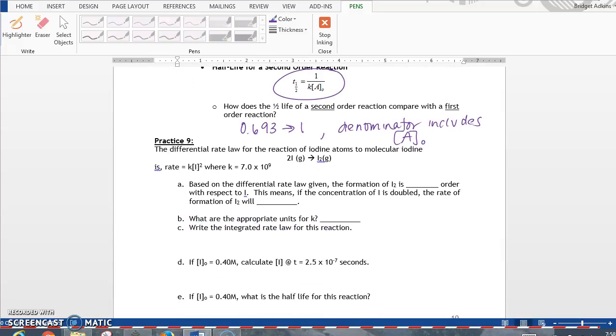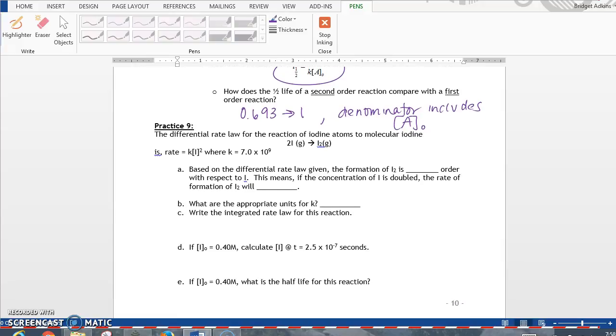And we do have things other than first order. All right, so if we go into practice 9, it says the differential rate law for the reaction of iodine atoms to molecular iodine is given. The rate is given as k times the concentration of I squared, and they give you the value of k. Right away, since we see that the exponent is a 2, we know that this is a second order reaction.